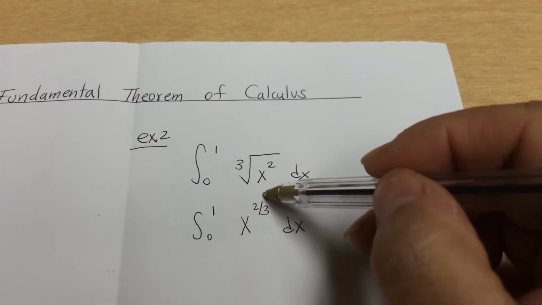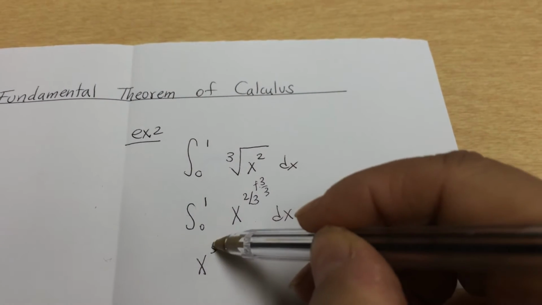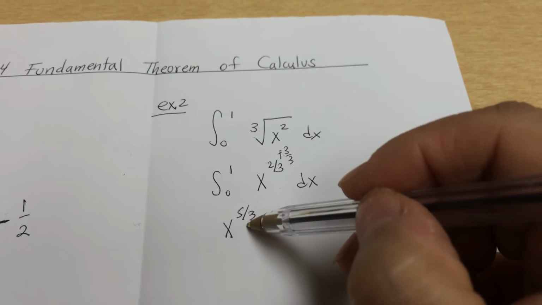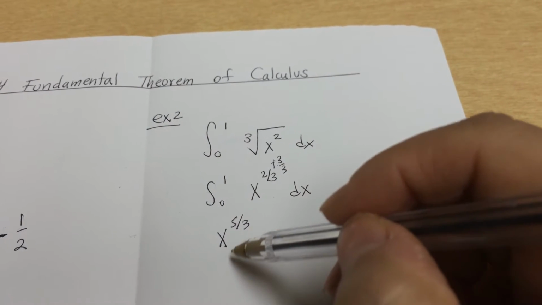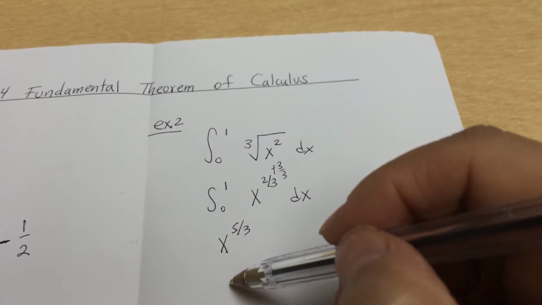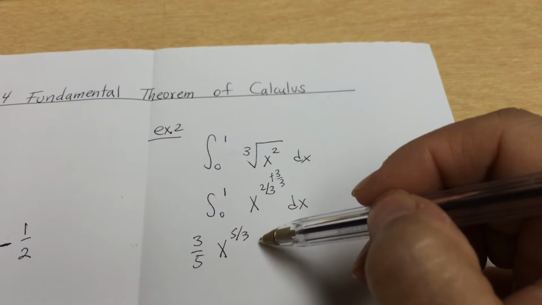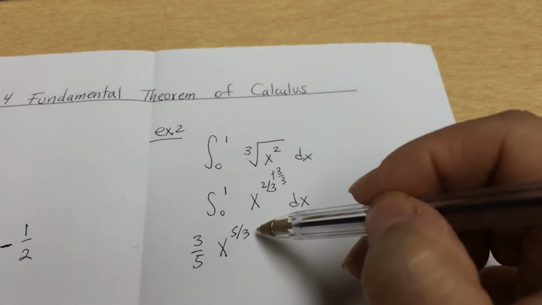We're going to add 1, so that's the 3 over 3. That's going to give us an x to the 5/3. From there, we're going to multiply by the reciprocal of this, because you would normally divide by 5/3, but that's a fraction over a fraction, which we don't like. If you multiply by the reciprocal, it makes it easier for us. Whatever this is, just do the reciprocal of it on the other side.